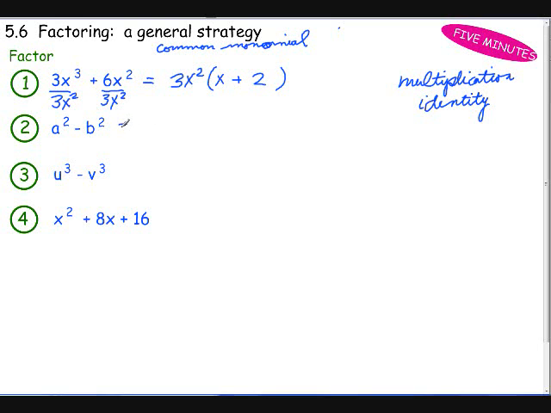What about this? Anytime we see a difference of squares, we think of conjugates, which take the square root of the first term, square root of the second, sum and difference. Don't you love it when you know the pattern? And we know the pattern for this one as well. This one is going to be a binomial and a trinomial.